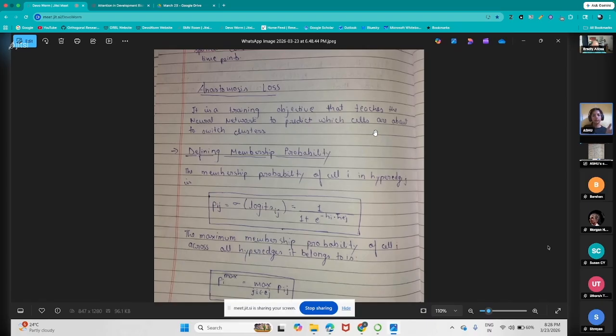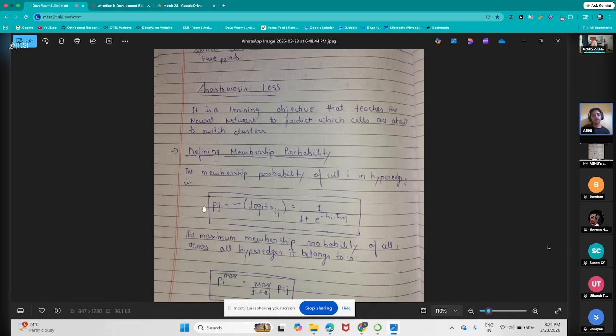Some cells are in different clusters and they switch their clusters while growing. So this finds which cell is switching its cluster over time, and we will find it by defining the membership probability.